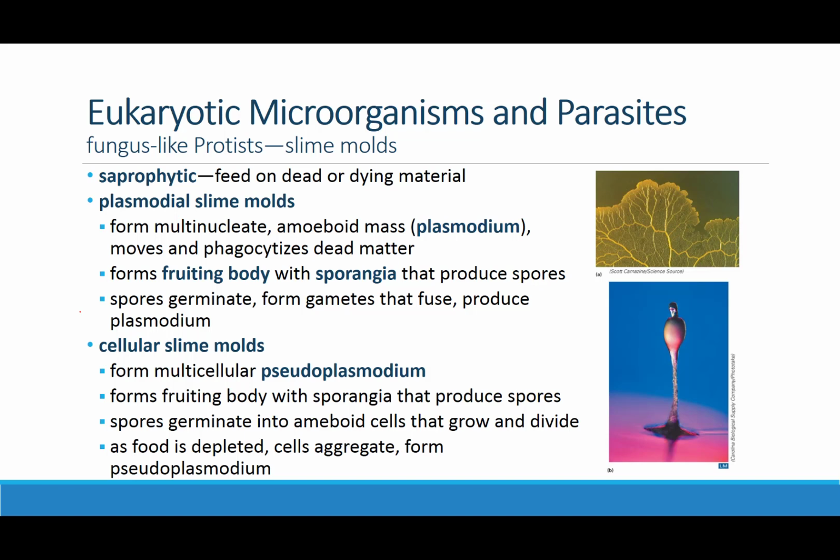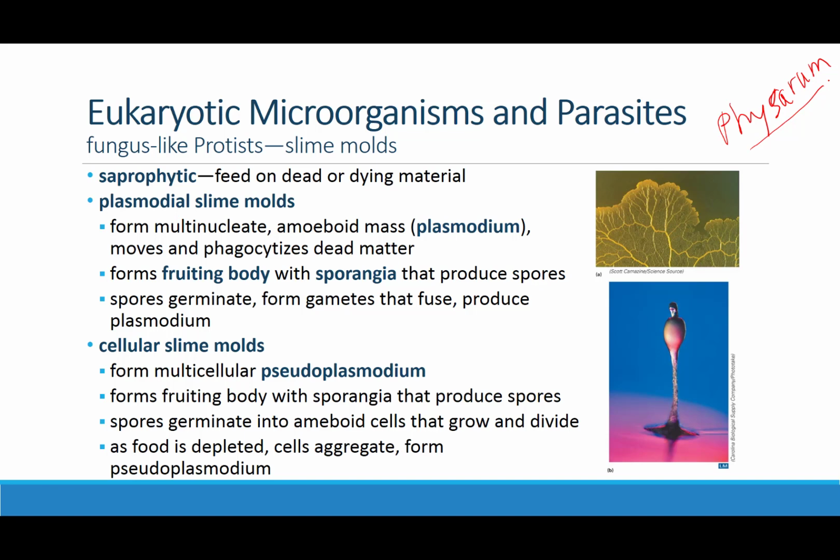The slime molds are super interesting, and you may have seen slime molds. Physarum is the one that we see around. It's frequently in mulch. If you ever see an orange or a yellow, puffy, foamy-looking stuff growing on a mulched bed, that's the slime mold Physarum doing its thing.